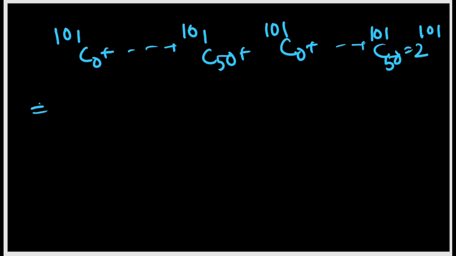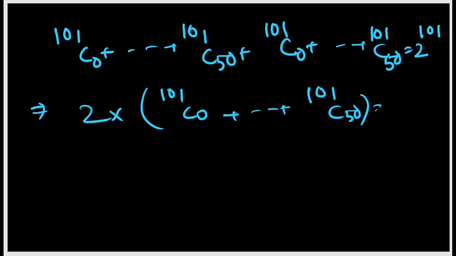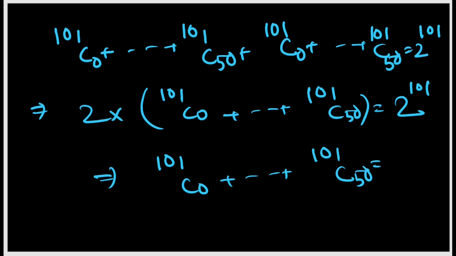So 2 times the sum of 101 C0 up to 101 C50 is equal to 2 to the power 101. This implies the sum is 2 to the power 101 upon 2, so that will be 2 to the power 100.